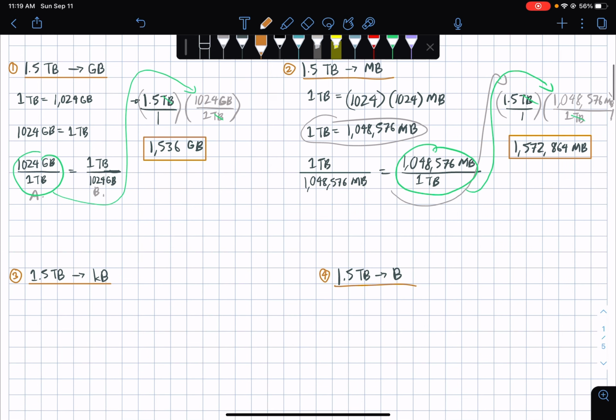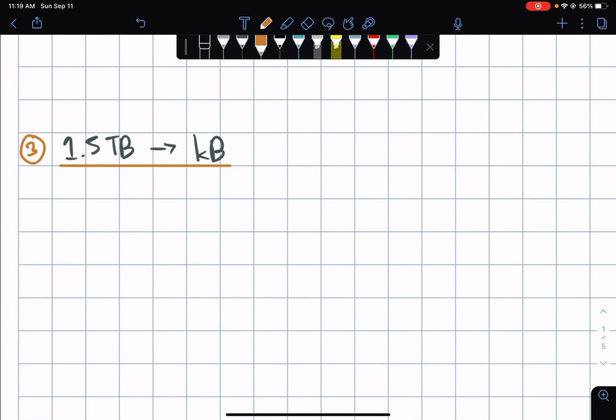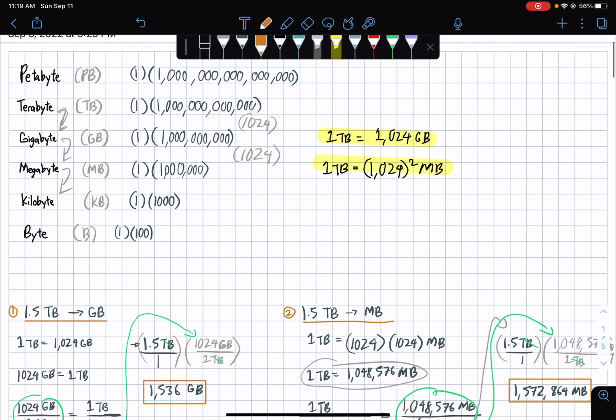Alright, let's move on to number 3. 1.5 terabytes to kilobytes. As stated earlier, from terabyte, if we go down by one step, we get 1024, and we get another 1024. So 1, 2, 3.